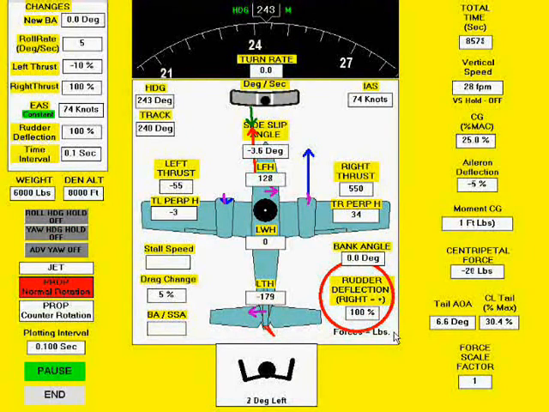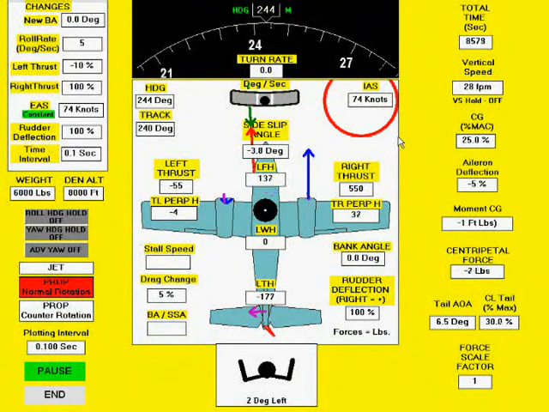As rudder deflection hits 100%, we see that VMC at 8,000 feet is 74 knots with wings level.